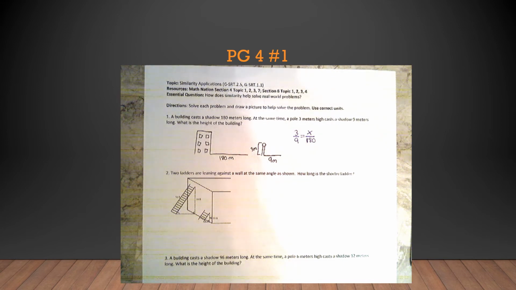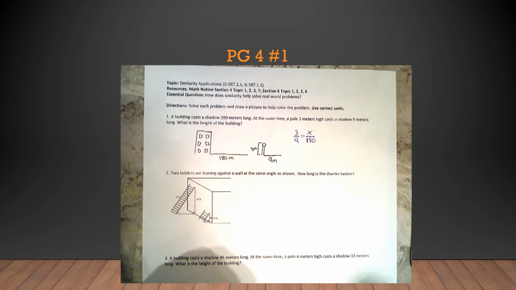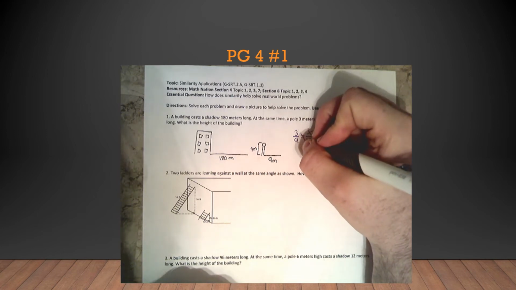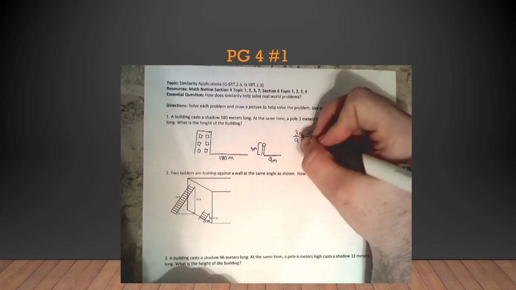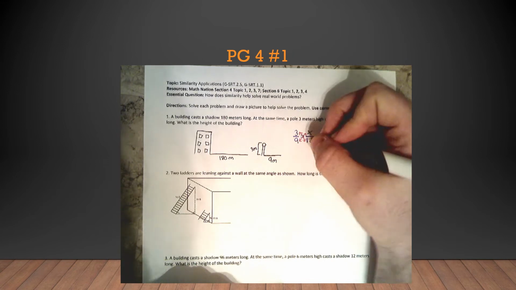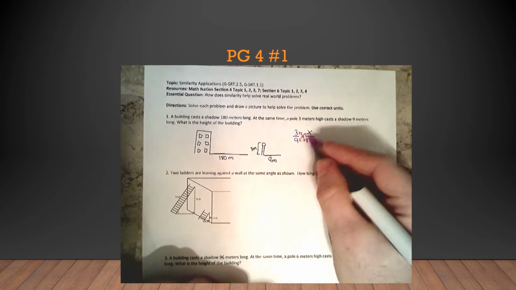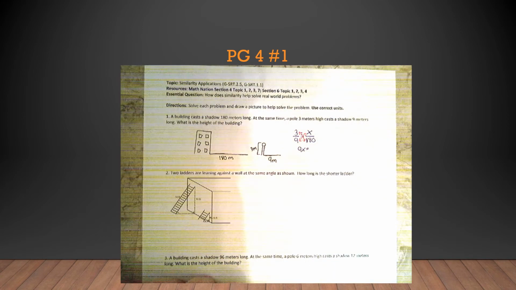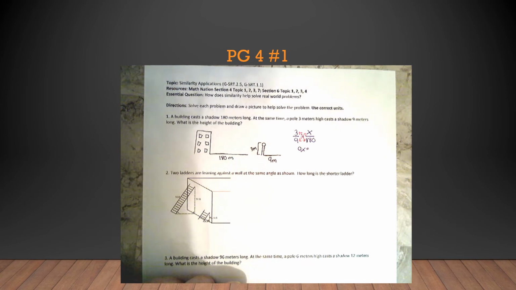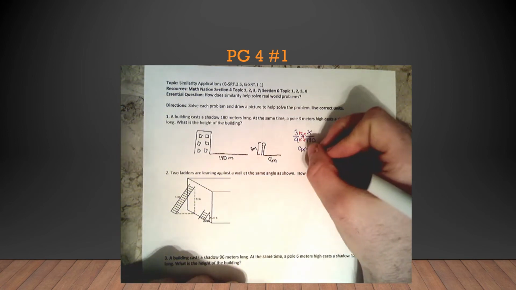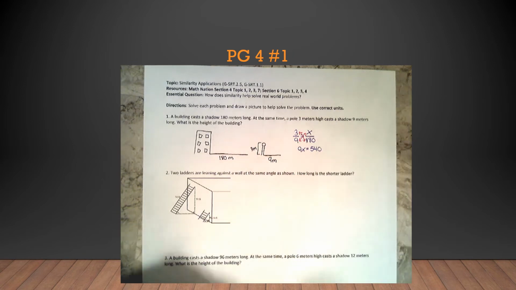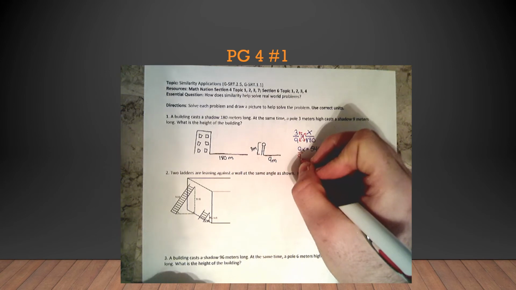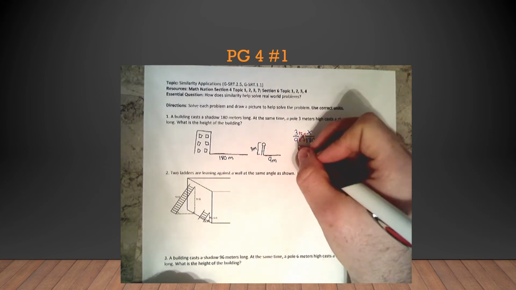What you want to do now is your cross product, or cross multiplication. So 3 times 180 and 9 times x. Well, 9 times x is 9x, and 3 times 180 is 540. The next step is to divide both sides by 9 because I'm trying to get x by itself.